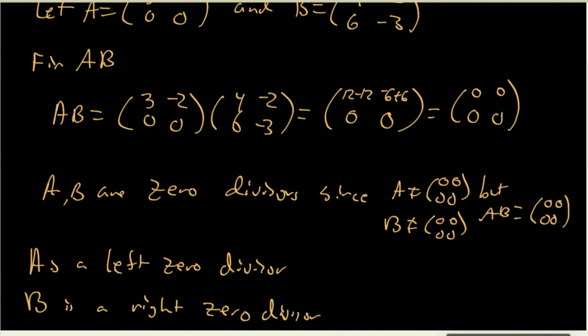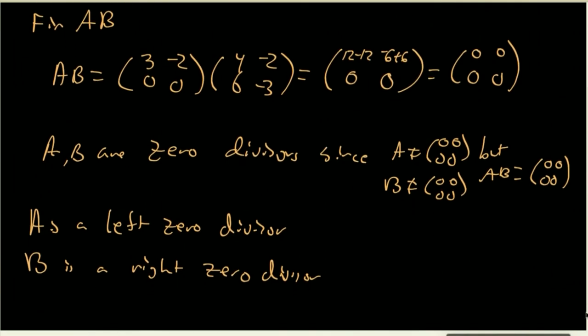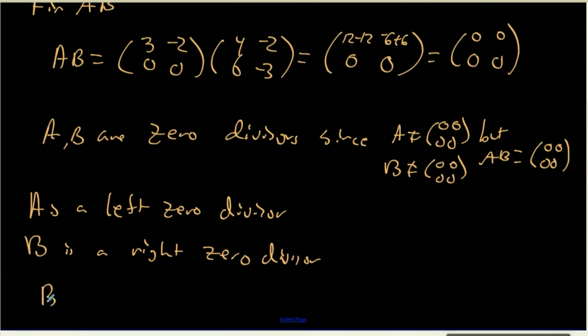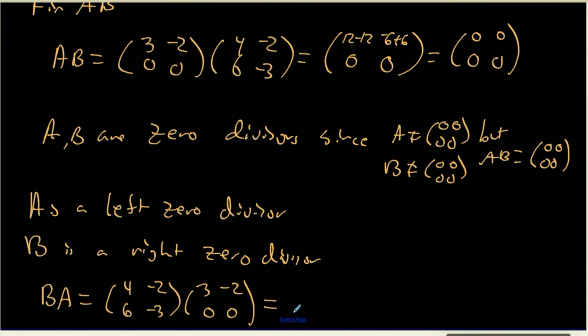It is worth looking at what happens to B times A. So B times A would be 4 negative 2 6 negative 3 times A, which is 3 negative 2 0 0. Again, you should stop the video and compute this for yourself. And hopefully you did that.